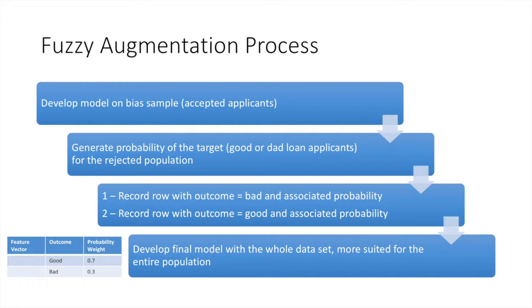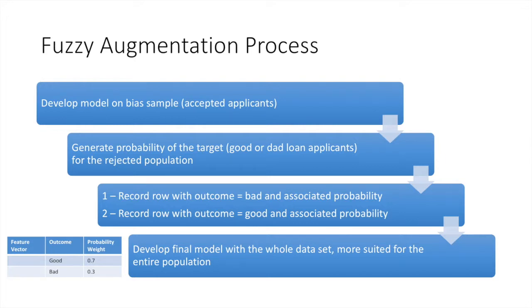And finally, once we have our new final data frame that combines applicants that were accepted with people that were rejected, but whose target variable is now estimated, we can develop a final model with the whole dataset.